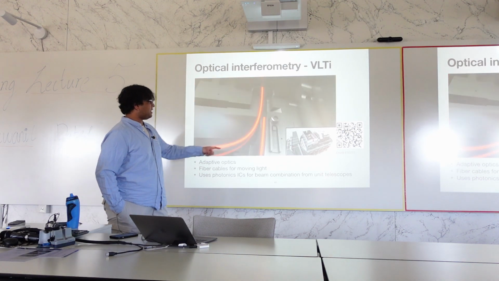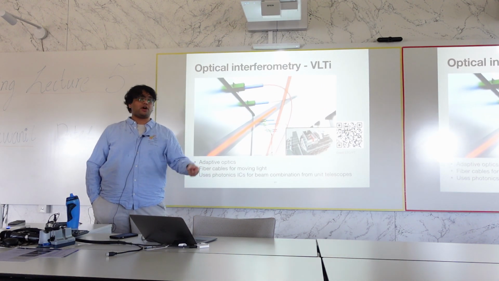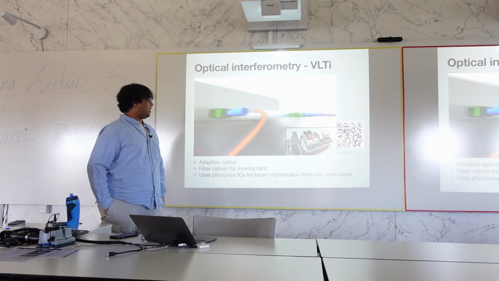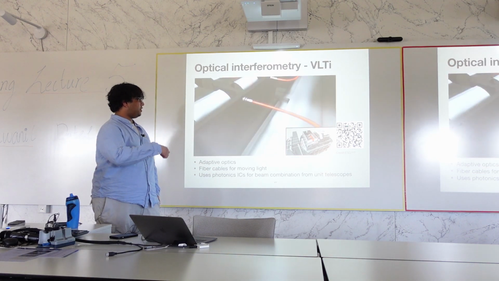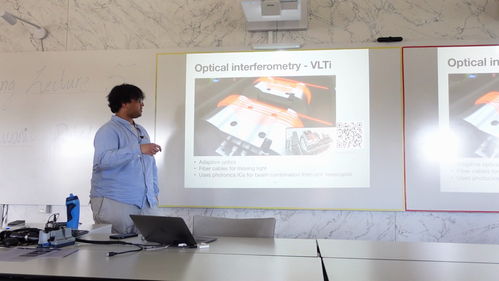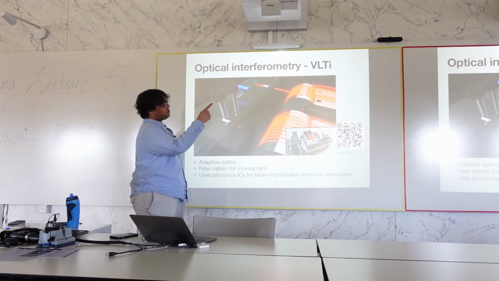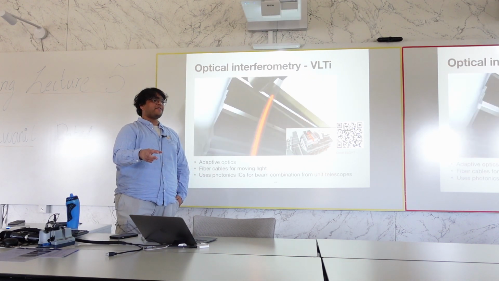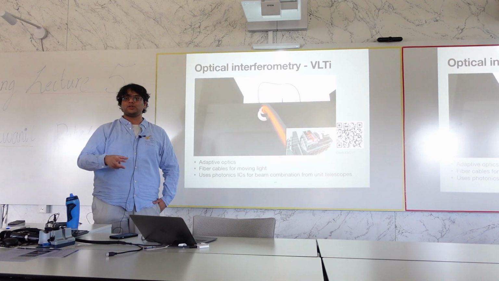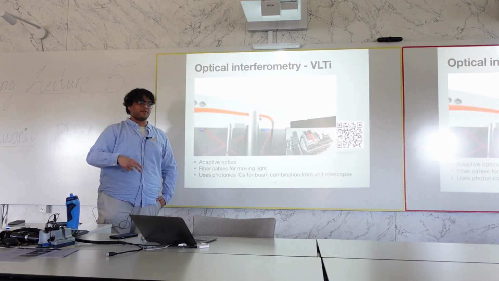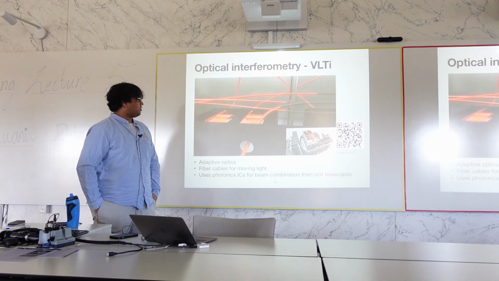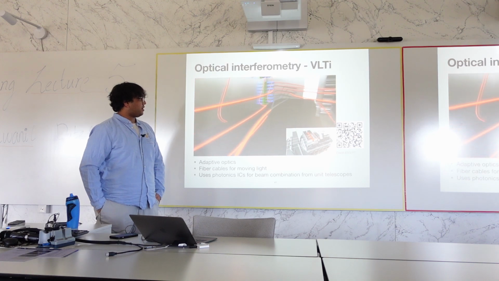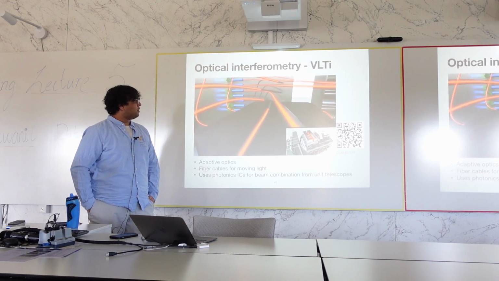And now we feed this light into the fiber optics cable I just talked about, and they are usually easier to route through your instruments, and you can use small spaces as well. These coils are just to make sure that the light from each telescope travels equal length. You don't want one light to travel more length than the light from the other telescope. So these coils make sure that they travel the same length.